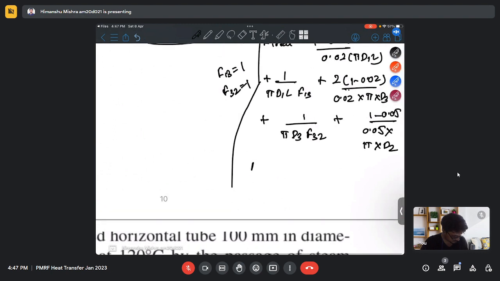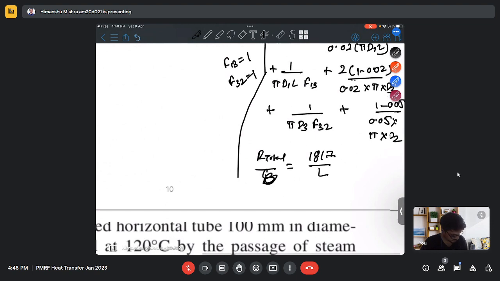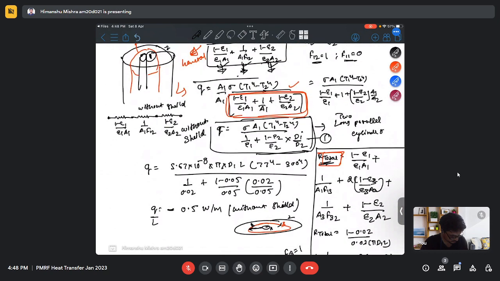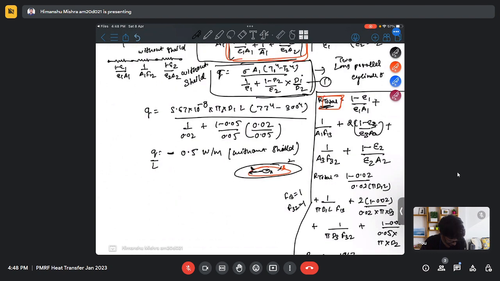So my resistance per unit length will be 1817 by L, and I just put it back in this general relation.